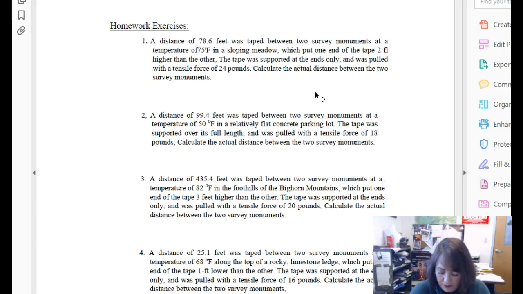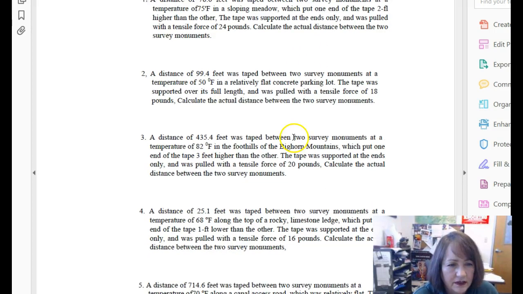We then have a pull and a temperature correction, both of which elongate the tape. So that means that we have to take the tape number and add the correction. So we subtract the slope correction, we add the pull or tension correction, and we add the temperature correction for number 1.